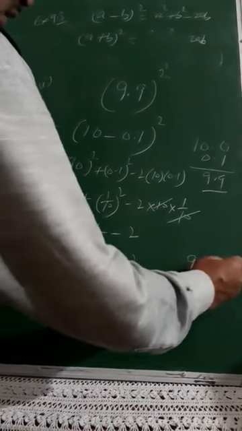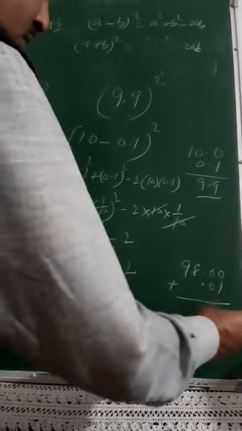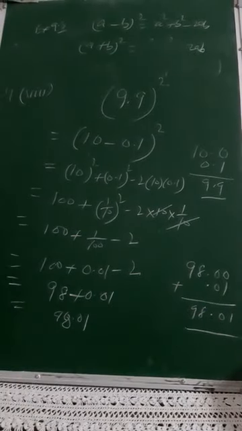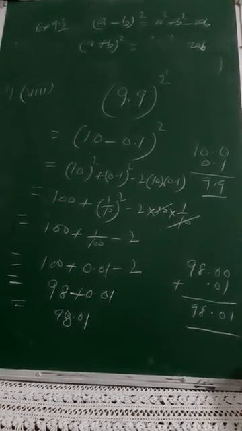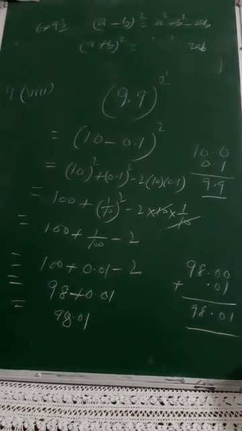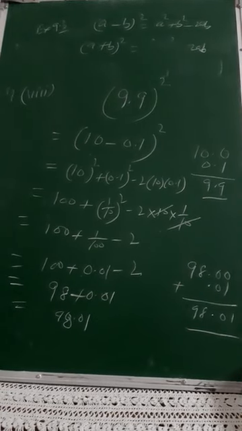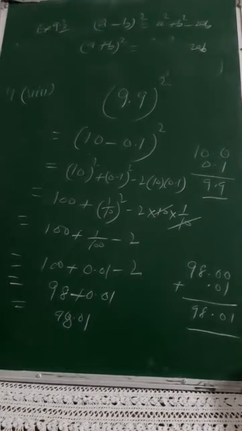That is the way: 98.00, and 0.01 you need to add. Do it in the rough margin somewhere and your final answer will be 98.01. Otherwise you can cross check by multiplying 99 into 99 and somewhere you will reach 9801.